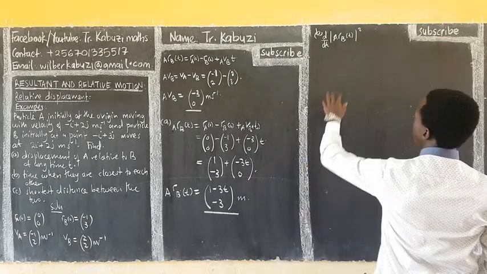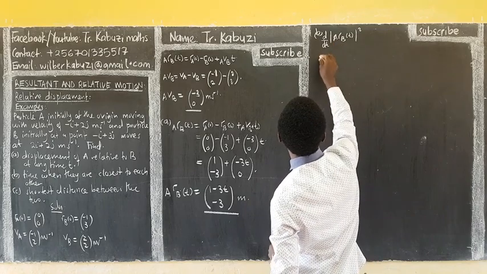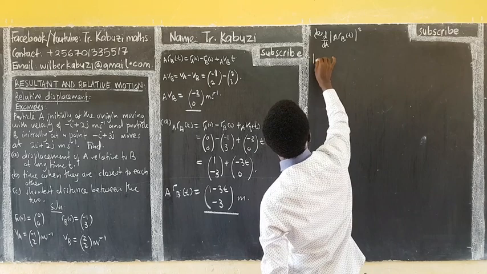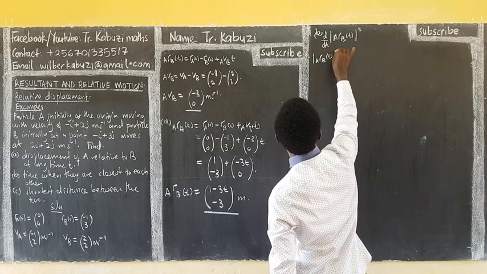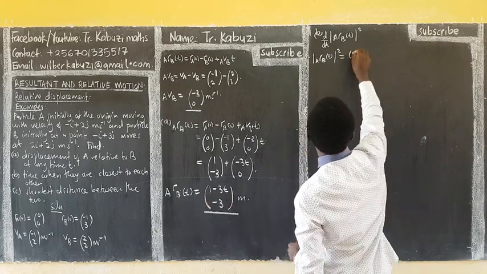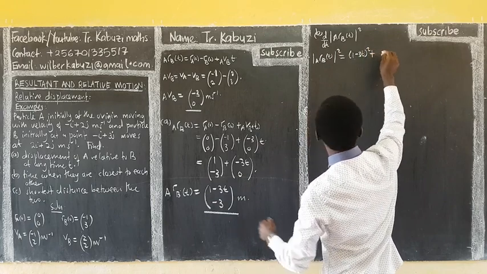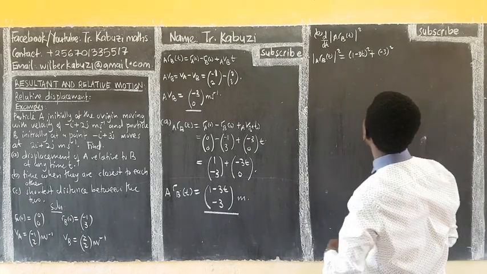So we need this one and get its derivative. The modulus of r of A relative to B at any time t squared is going to be 1 minus 3t squared, plus negative 3 squared.